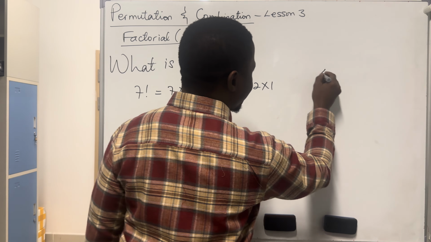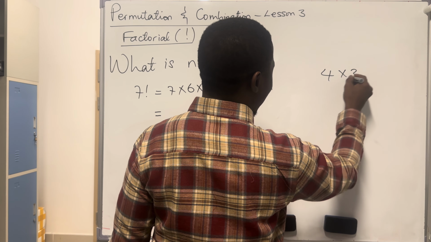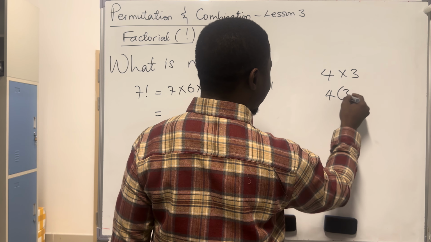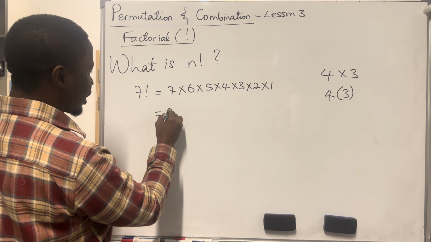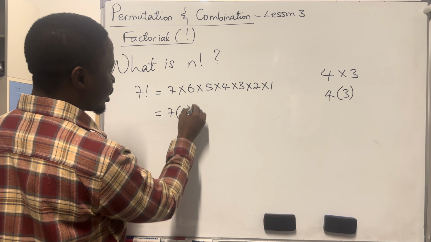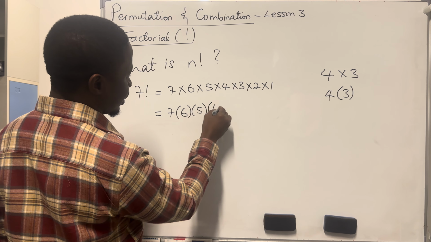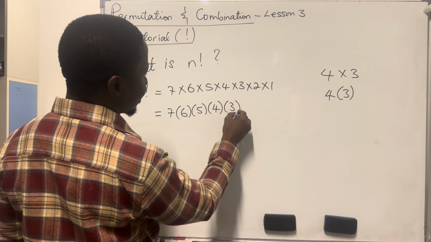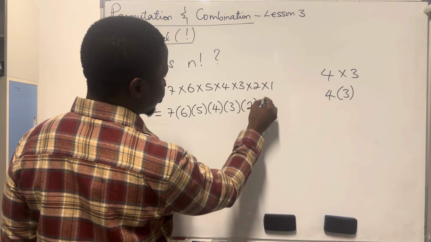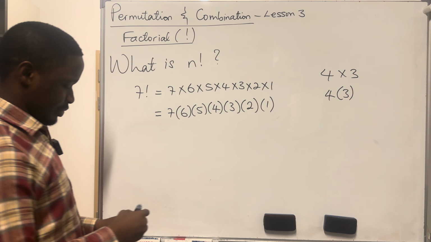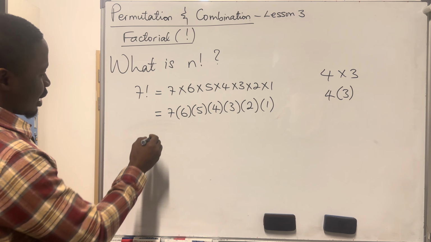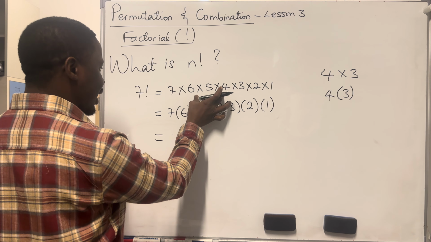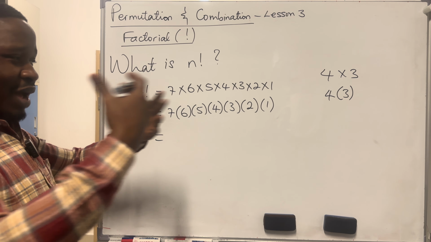Do you know that 4 times 3 can also be written this way? If yes, then we can write this one as 7 times 6 times 5 times 4 times 3 times 2 times 1. You stop at 1.